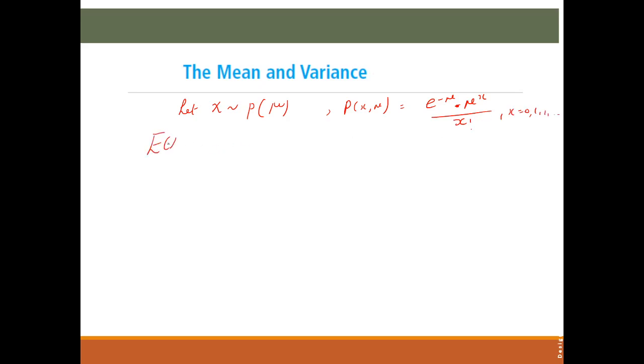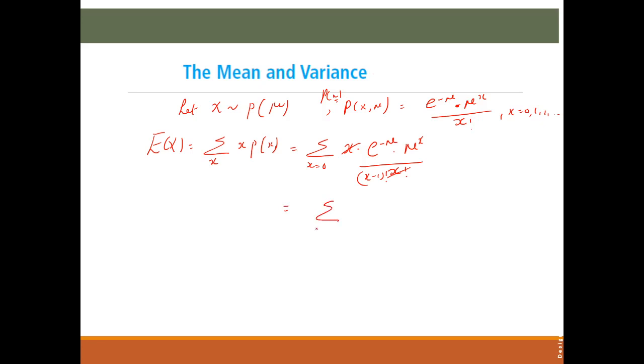Now we know that the expectation of X is the sum over x of x into P(x). This is equal to the sum for x equals 0 to infinity of x into e raised to minus mu into mu raised to x, divided by x factorial. Now I can cancel out x, so this is x minus 1 factorial.